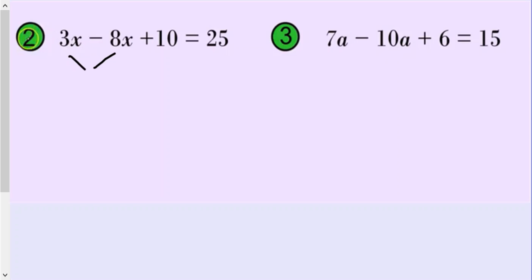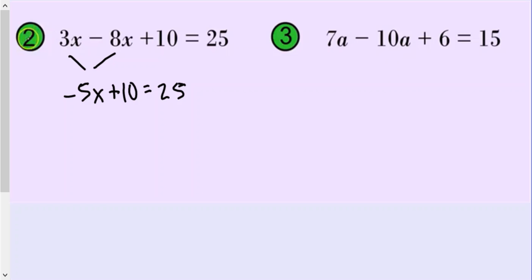So 3x minus 8x would be negative 5x. So now we have negative 5x plus 10 equals 25. And now we got rid of the like terms, and now we can undo the addition and then undo the multiplication.